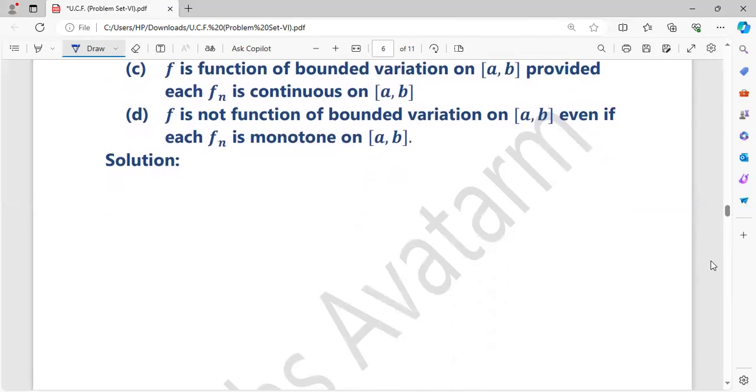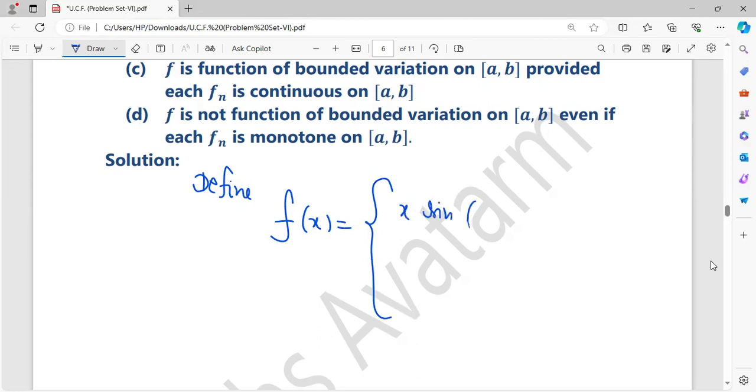Okay, so let's define f(x) is equal to x sine(pi upon x) if x belongs to the interval (0, 1], and 0 if x is equal to 0.